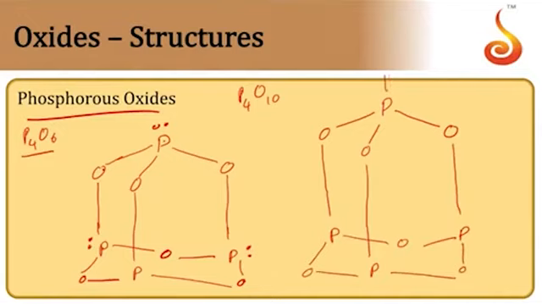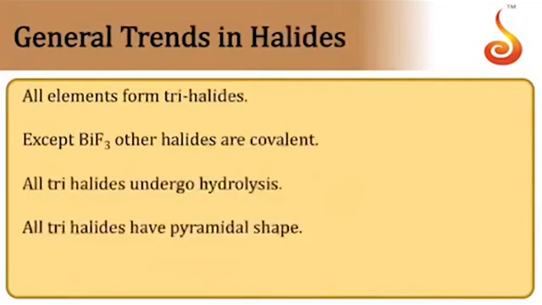Each phosphorus has one double bond to oxygen. This is the structure of P4O10. It has P double bond O's, and each phosphorus atom is tetrahedrally bonded, a tetrahedral structure at each corner. There are no lone pairs on phosphorus, only oxygen will have lone pairs. These are the structures of the oxides of phosphorus and nitrogen.